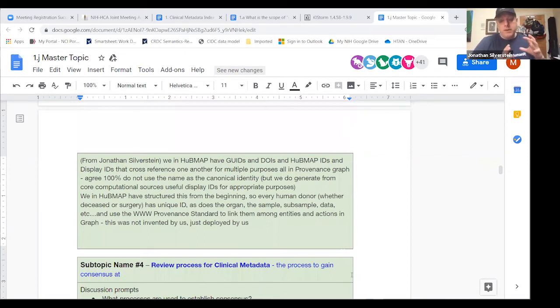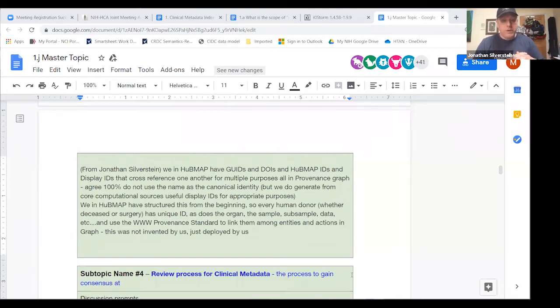So I think we can make a lot of progress on what clinical metadata we're interested in this group in the next couple of days, and then with projects after that. I think, of course, the provenance and the other things are incredibly closely tied to how you operationalize that. But I think if we try to eat that whole elephant at once, we end up mixing technologies and processes.